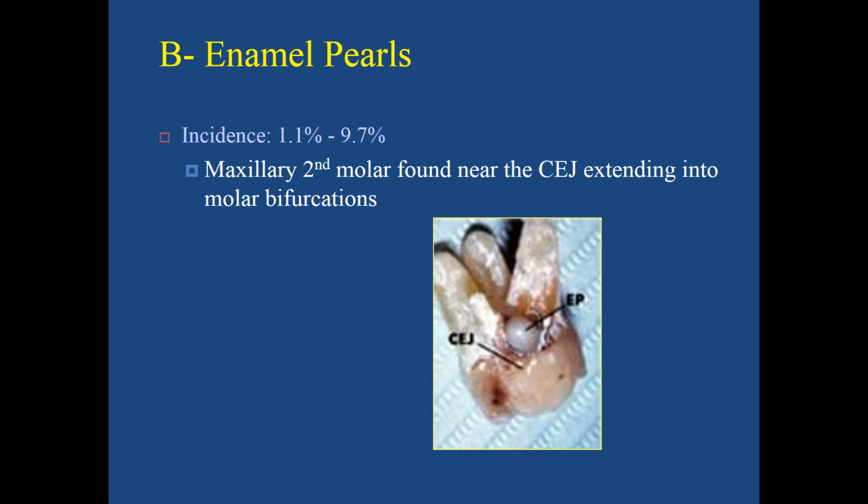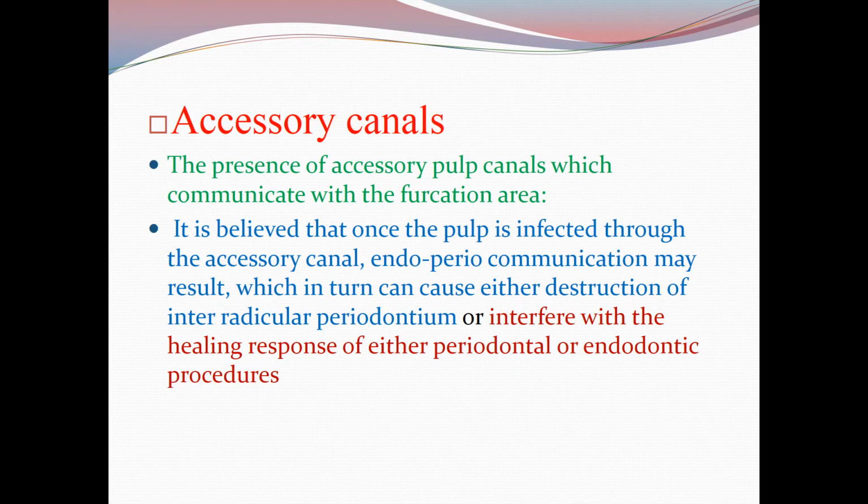Also, we have the enamel pearls. The enamel pearls are usually found in the maxillary second molar near the cemento-enamel junction and extending into the furcation area, and their incidence is about 1.1% to 9.7%. Also, we have the accessory canals in the pulp.